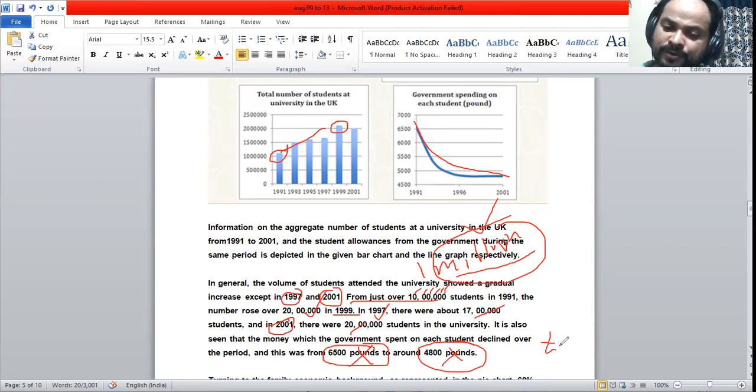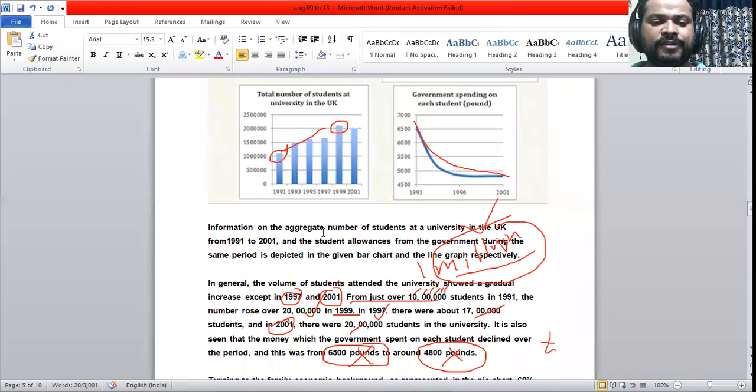If I use this particular symbol, I can cut down 2 more words. So please note, these are the techniques: if I could minimize the number of words, then it looks a little bit concise and a little bit formal. Okay.